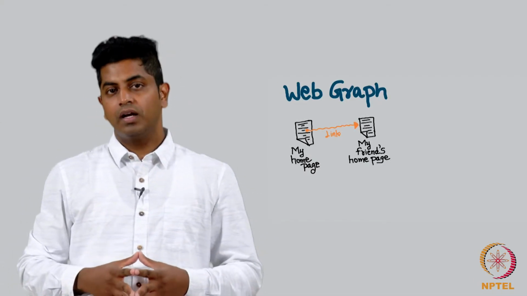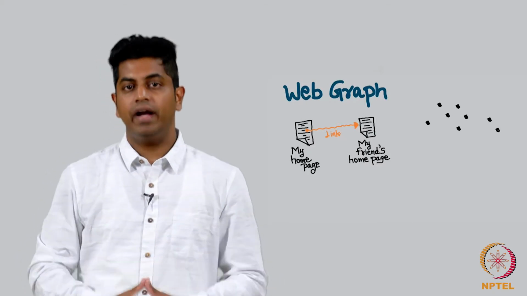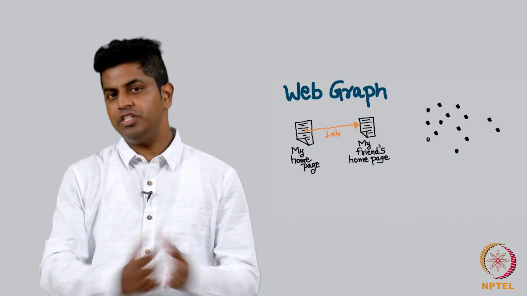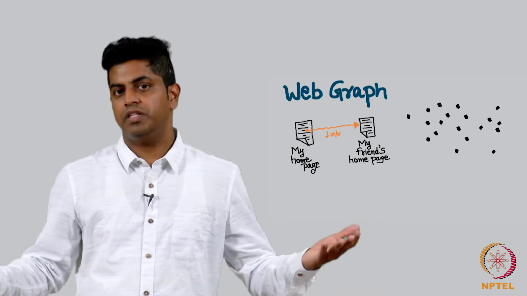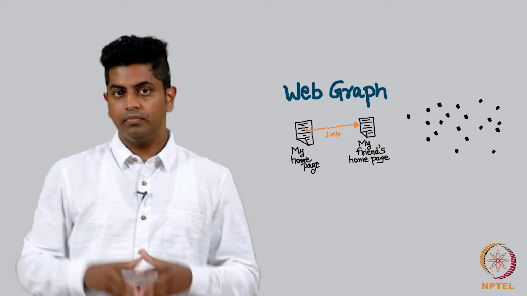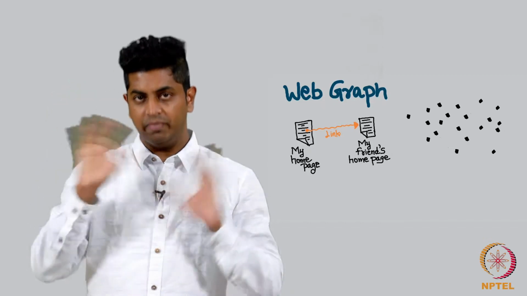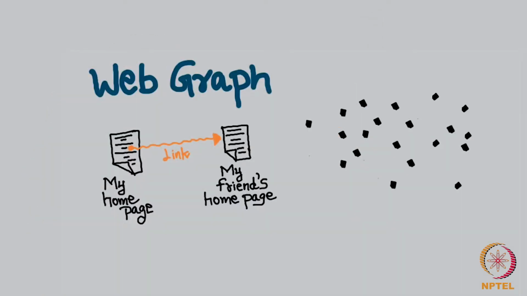So, now if I look at the entire World Wide Web, it is simply a bunch of pages, isn't it? So, what I do is I go to a page, call it a node in my graph. In my graph, every node corresponds to a page.